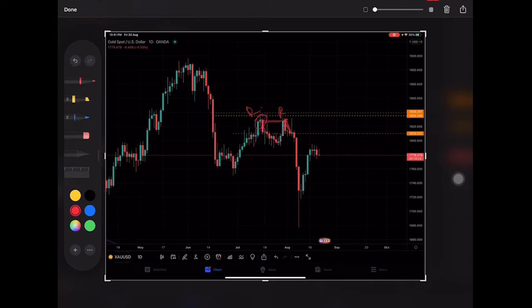When there is a confirmation that it is a double top, like Uncle said, when there is a rejection, you wait for the price to come back for you to enter. As you can see, the price comes back and you enter with a bigger lot size.